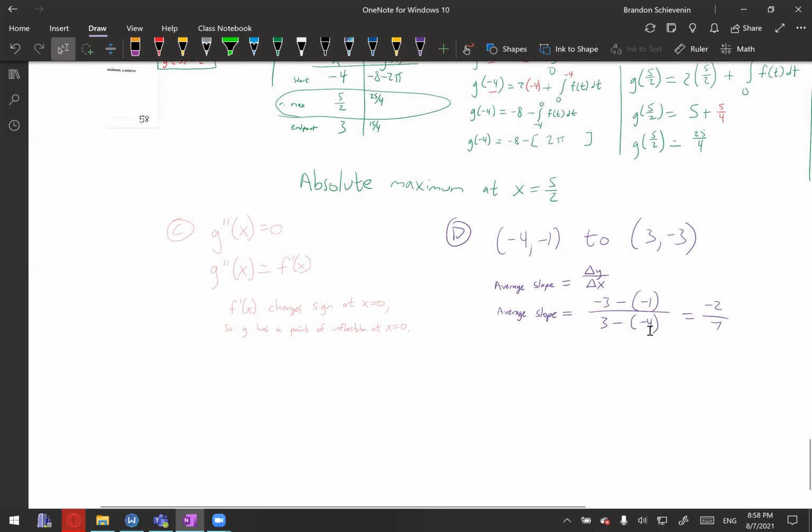From 2 or 3 weeks ago, the mean value theorem tells us that as long as our function is continuous and differentiable, then our average slope should be equal to the derivative of our graph at some point between A and B. So in our case, from the start point A to the end point B, our average slope was -2 over 7. But there is no point on this graph where the exact slope, the derivative, is -2 over 7. How is that possible? So why does that not contradict the mean value theorem?